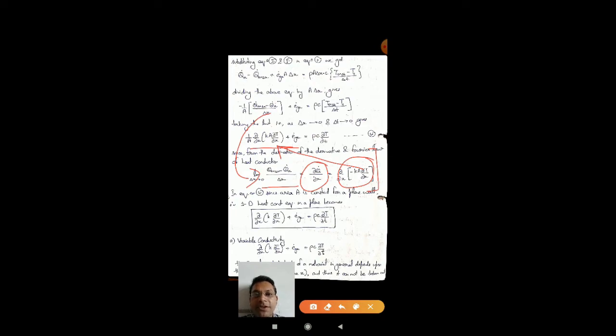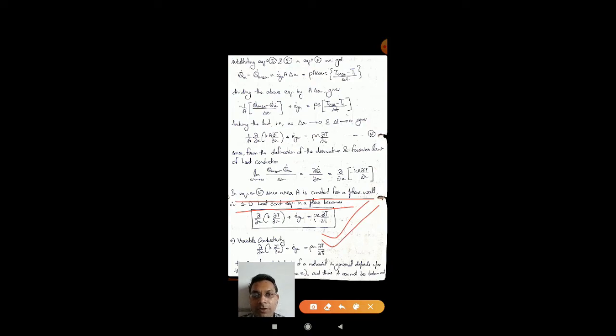Now considering equation 4, since area A is constant for a plane wall, the one dimensional heat conduction equation in a plane becomes this. Students, remember that the particular equation which I have just marked is for constant area.